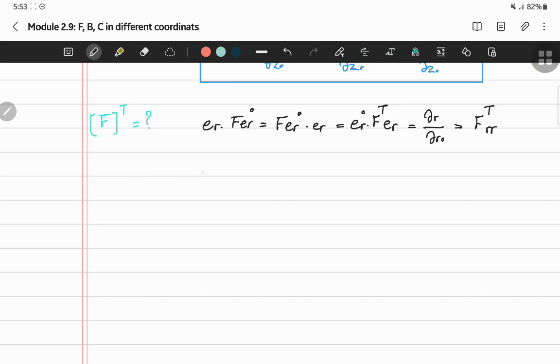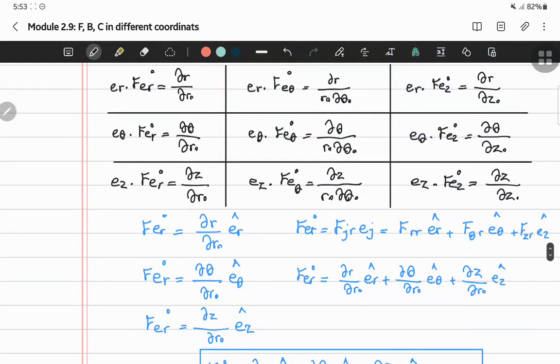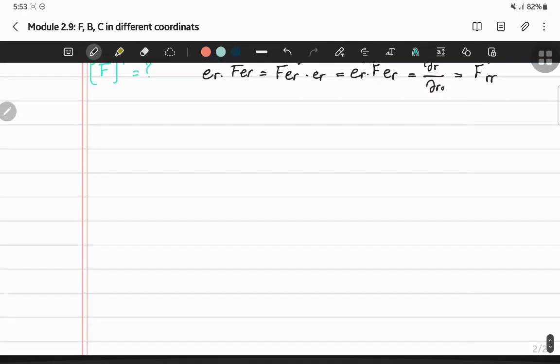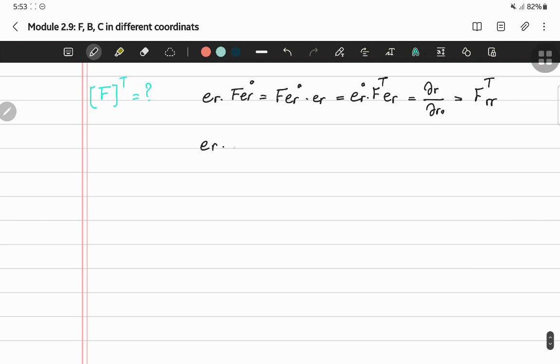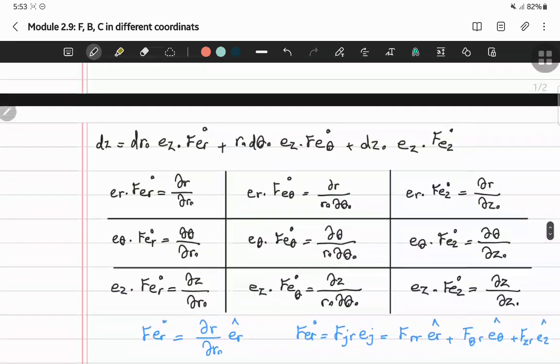Next, I have e_R dot F e_theta0, which is equal to F e_theta0 dot e_R. It is equal to e_theta0 dot F transpose e_R. It's the partial derivative of R with respect to theta0. Here is this expression.